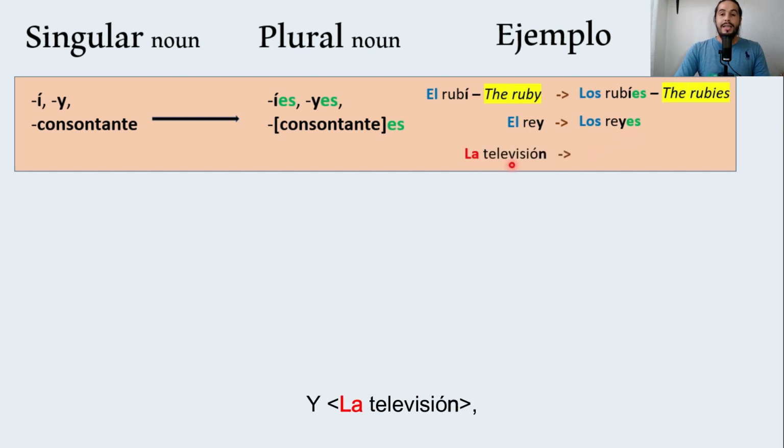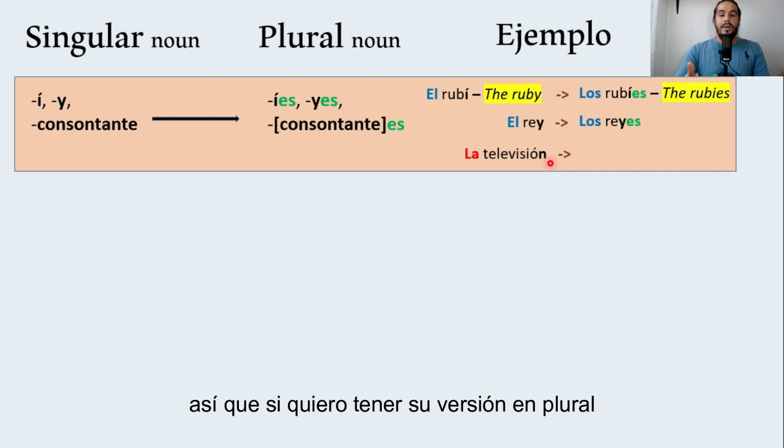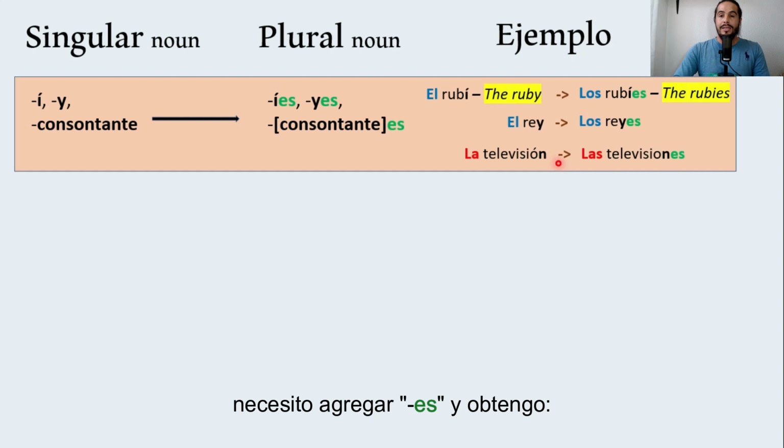And la televisión. Televisión ends with a consonant, so if I want to have its plural version, I need to add es, and I get las televisiones.